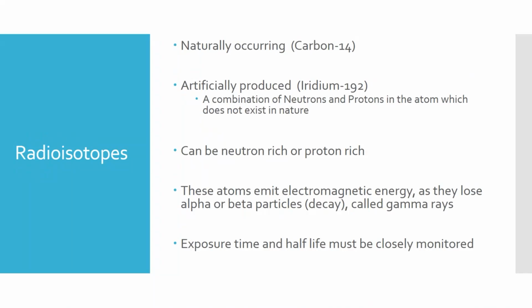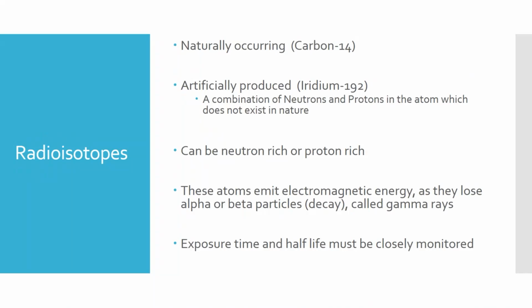They have a half-life that's short enough that they're giving off radiation where it's going to be useful, but not so short that they basically use up or give off all their radiation too quickly. And so naturally, carbon-14, the ones we usually use, iridium-192, for instance, is artificially produced.